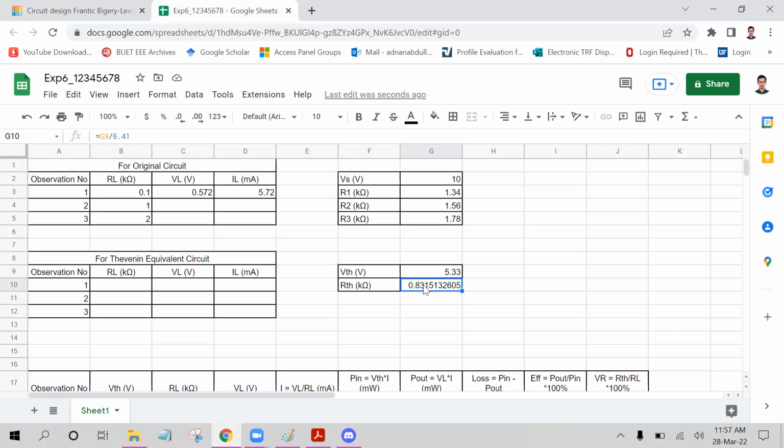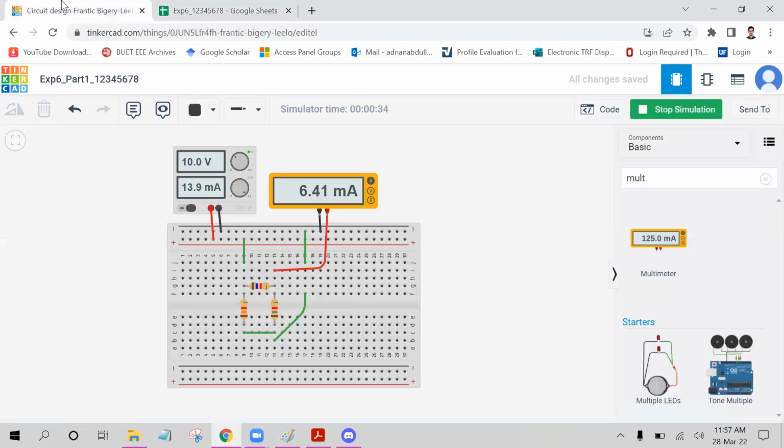Just put it in milliampere and we will get our RThevenin in kilo ohm. Everyone done? So that's it with our first circuit.